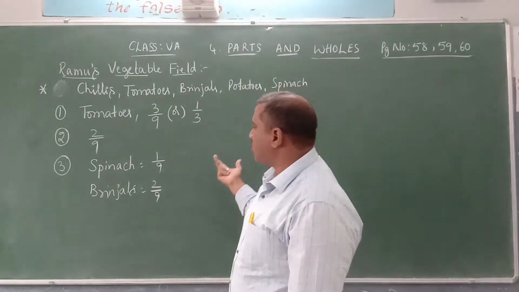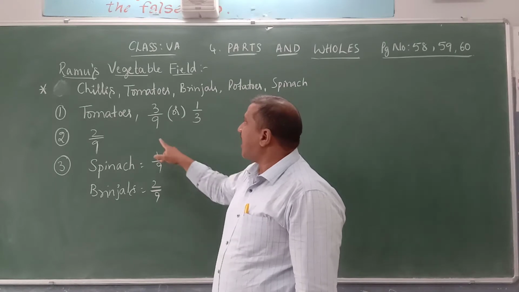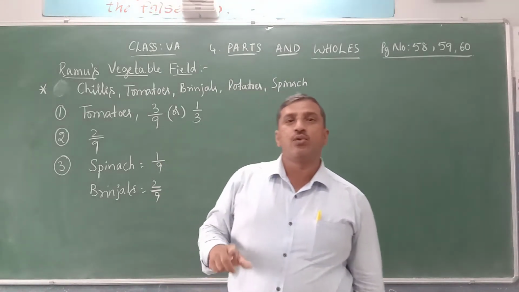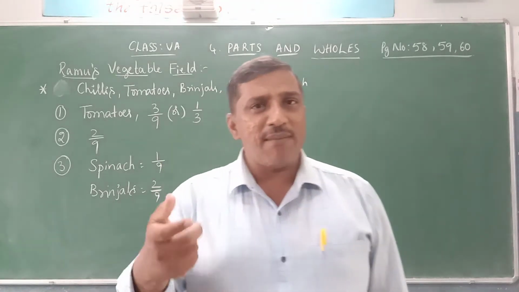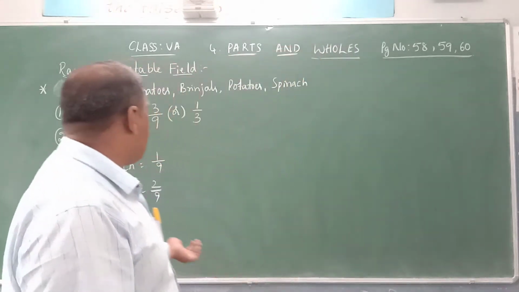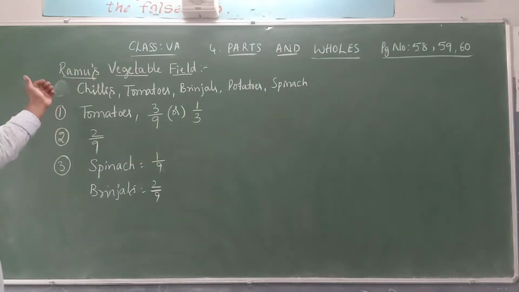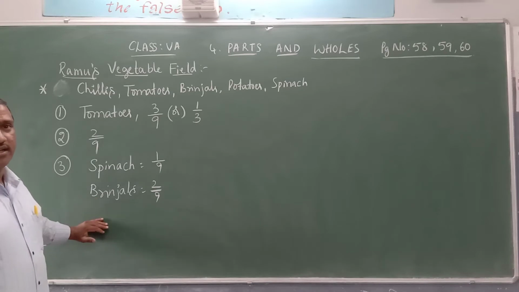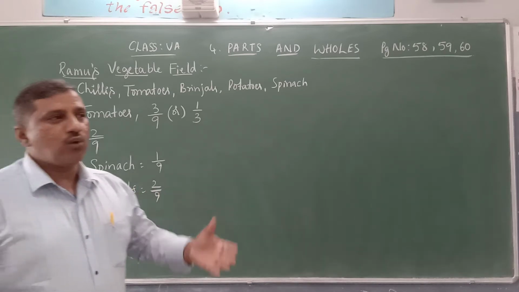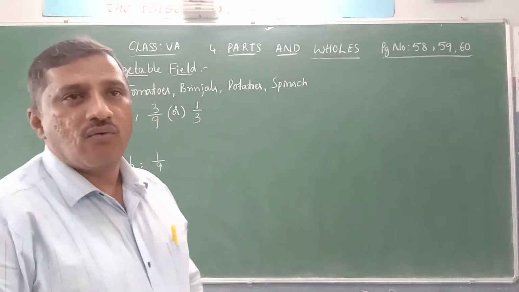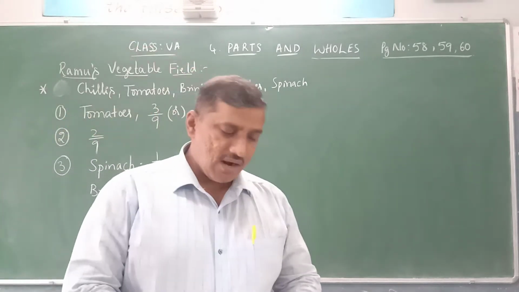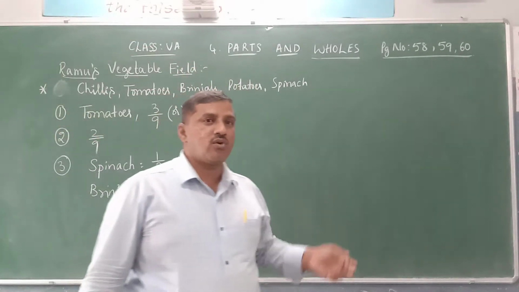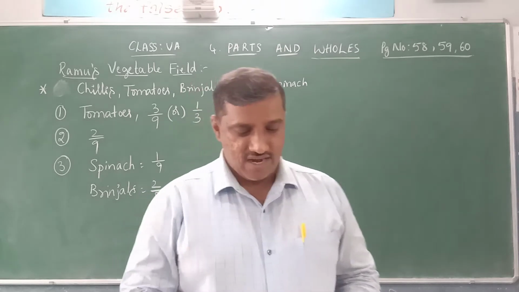Like you see, brinjal is 2 by 9, and the potatoes are also 2 by 9. Like this, you can frame your own questions. What part of the field is producing chilies? You can write in your own way. Like this, you will answer the questions on Ramo's field.